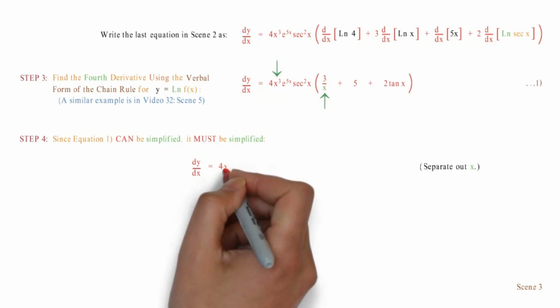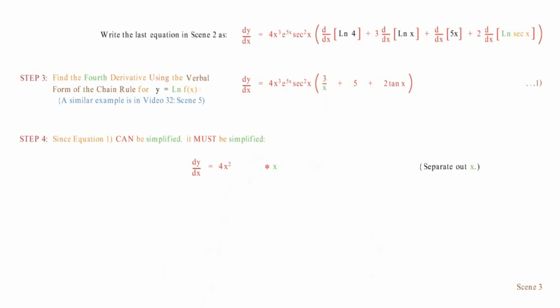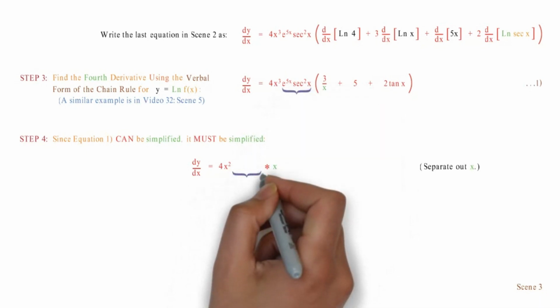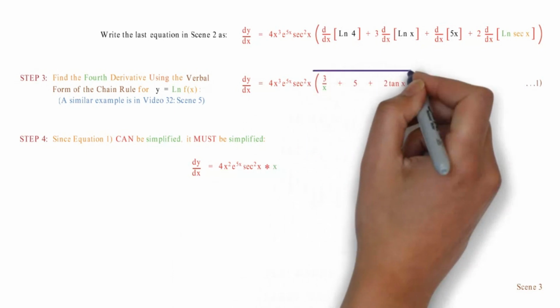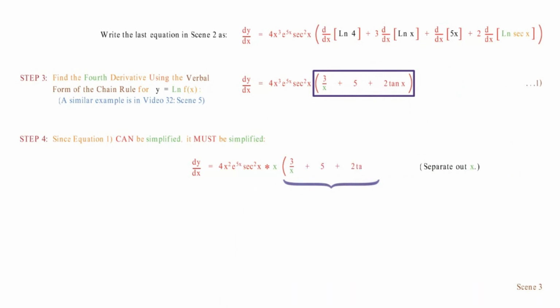X cubed becomes x squared times x. Bring down. Bring this entire bracket down. Bring down.